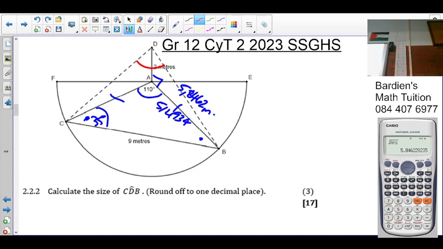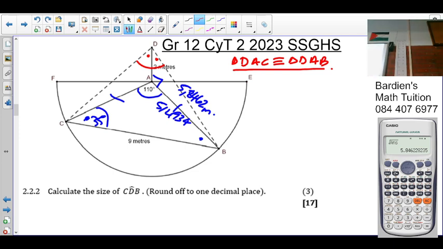One of two ways I can do this. You can either see that the two triangles are congruent: triangle DAC is congruent to triangle DAB. If you could have seen that, then we know that angle ADB would be the same as ADC.